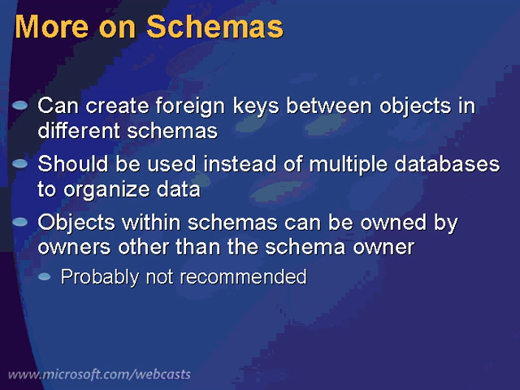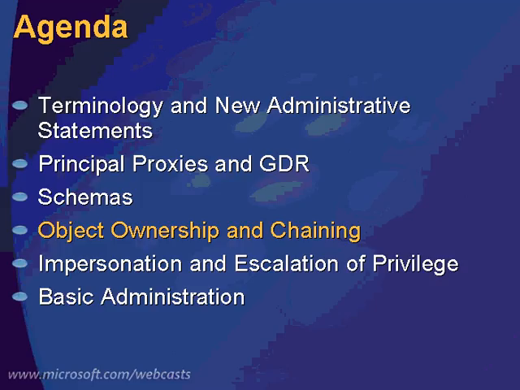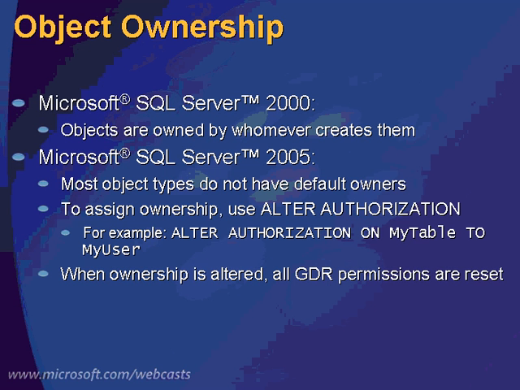Let's move on. Talk about ownership and chaining. So now we're going to finally get into the authorization part of this talk. The basic and most common way that we authorize users is through ownership chaining. And so first let's just talk about ownership a little bit.